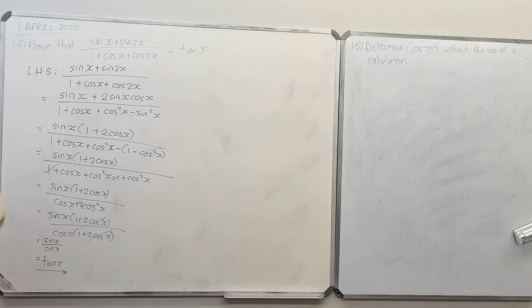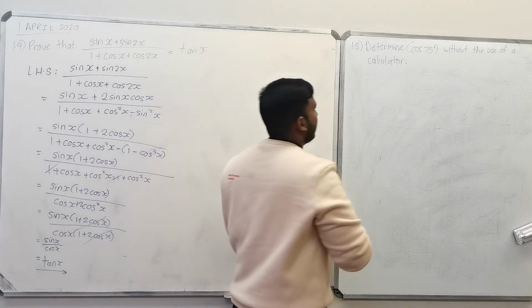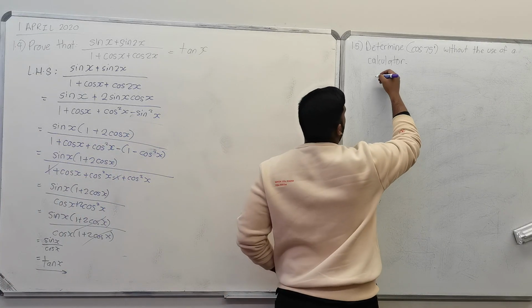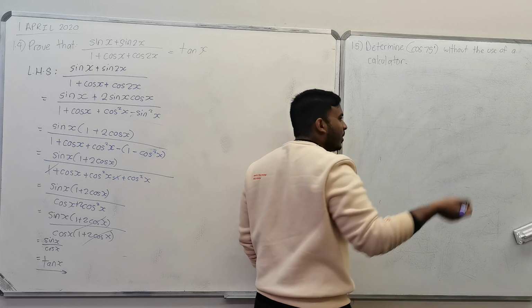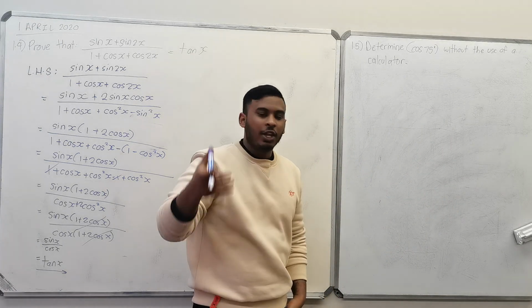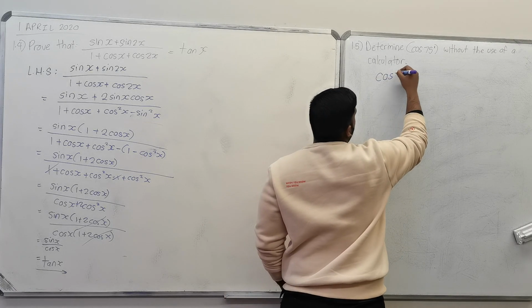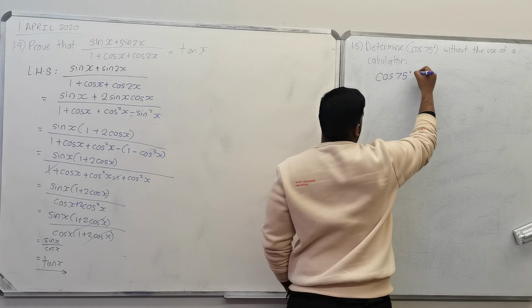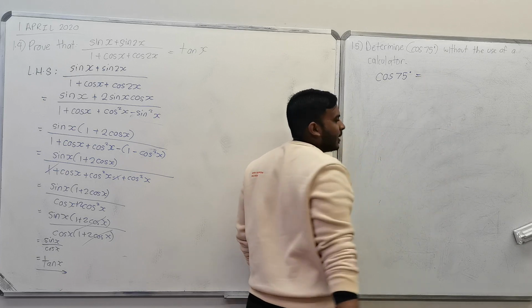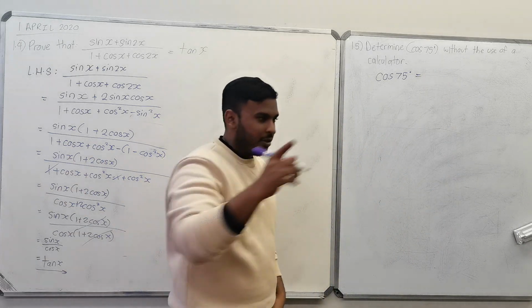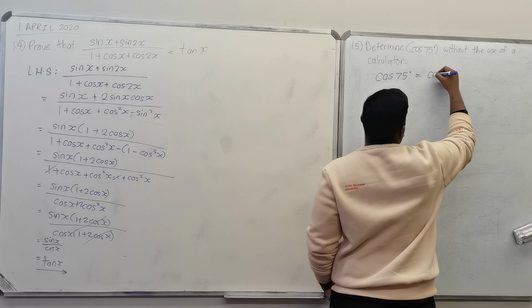This is not a bad one. They want to determine cos 75 without the use of a calculator. Now the moment they tell you without the use of a calculator, you know you're going to have to use your triangles. So cos 75 degrees will be equal to what? 45 and 30.